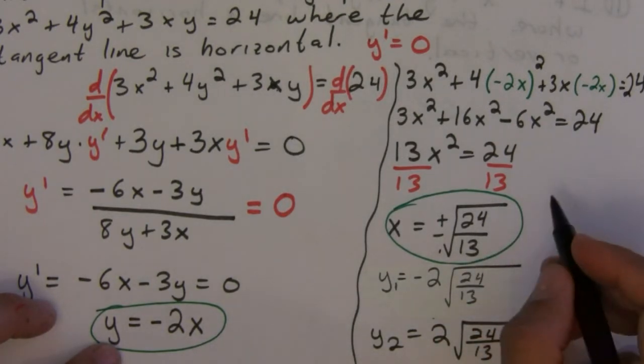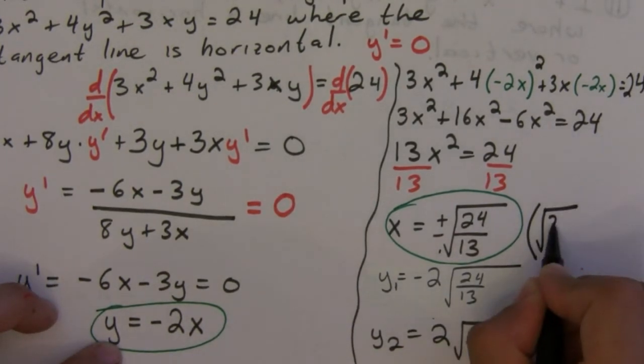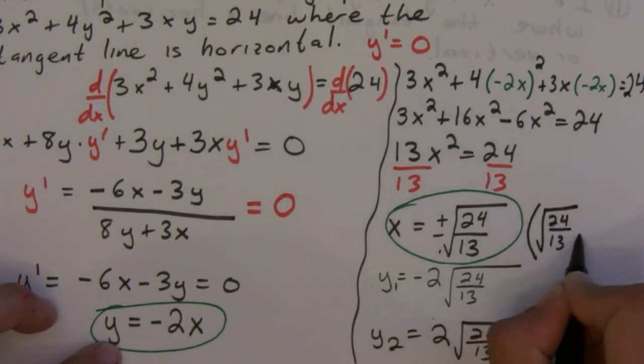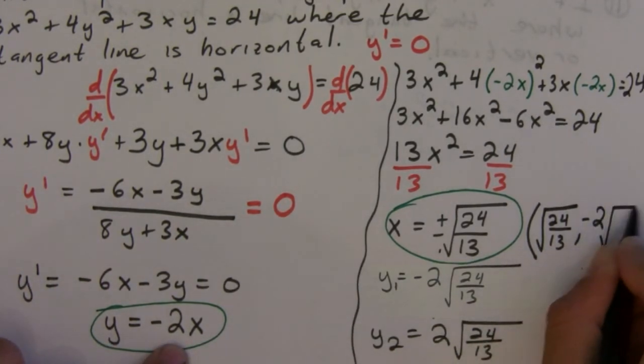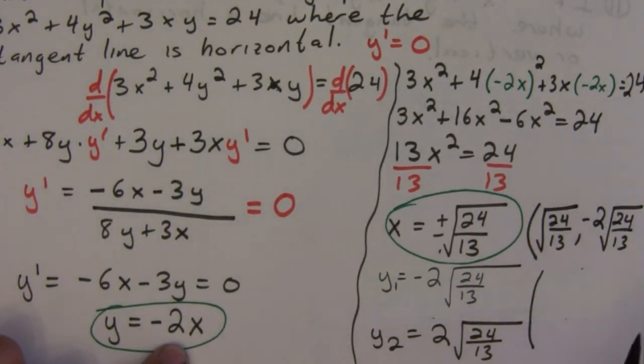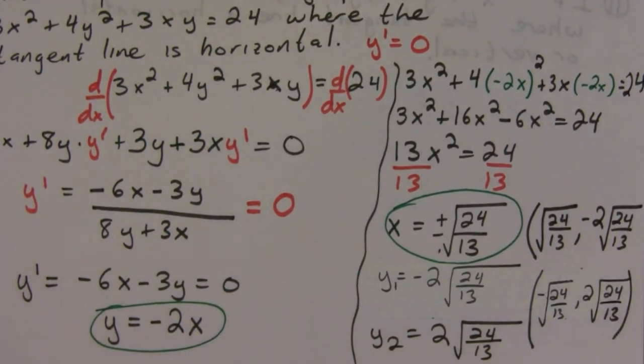If I write them down as points, they would be when x is positive square root of 24 over 13, y is negative 2 square root of 24 over 13. And then the other point would be when x is negative square root of 24 over 13, y is positive 2 square root of 24 over 13. And that's it.